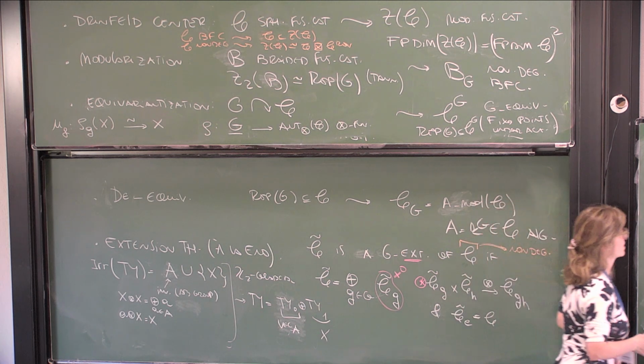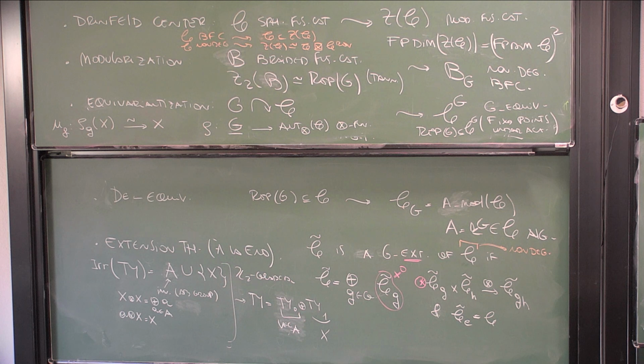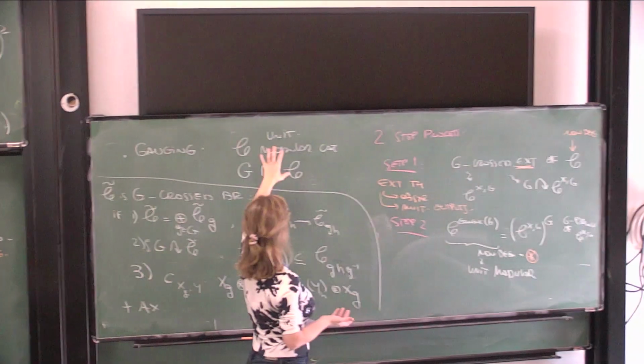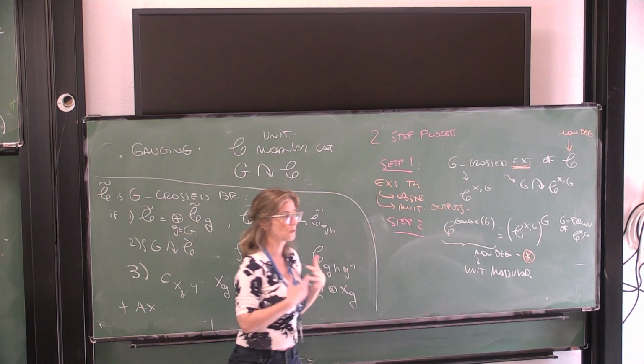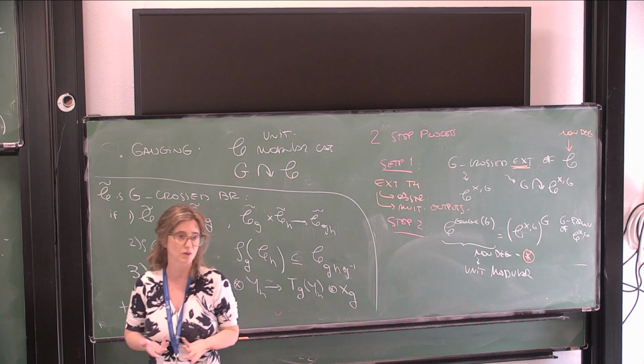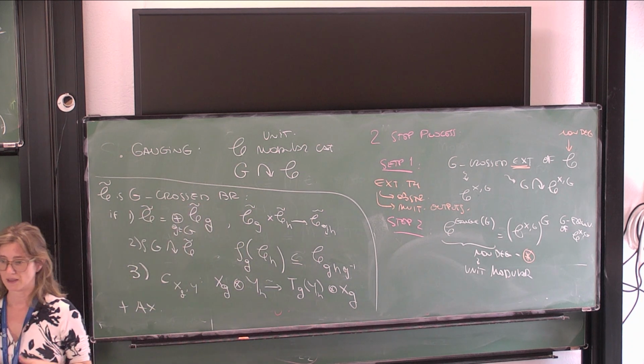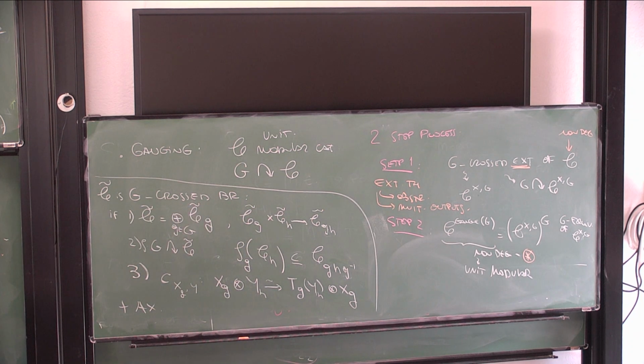That's one thing. But many things we don't know about gauging because, again, it's kind of hard. So some things that we would like to know are, for example, how the modular data after gauging relates to the original modular data. We did it in some examples, but we don't have a formula in general.